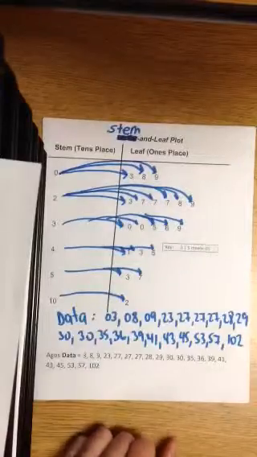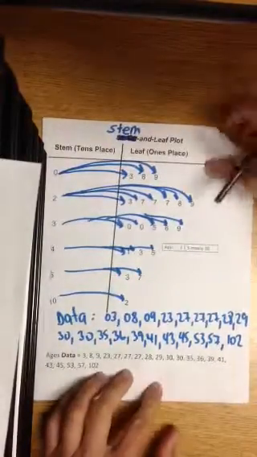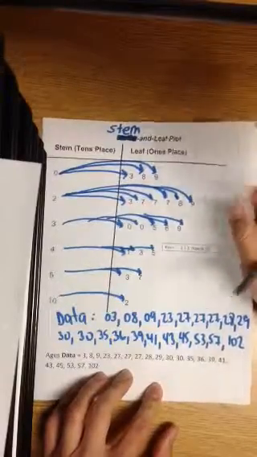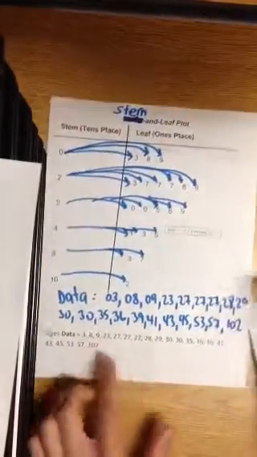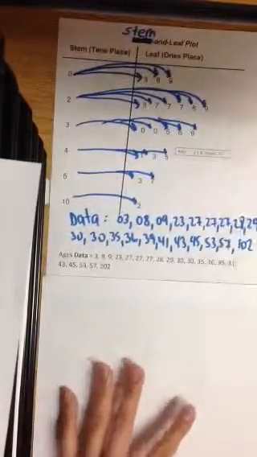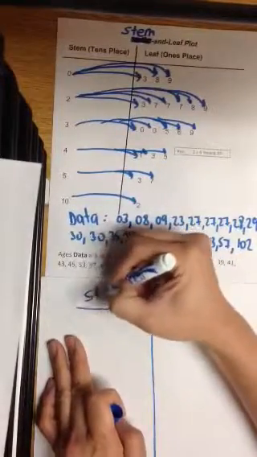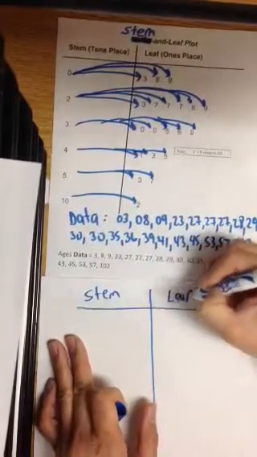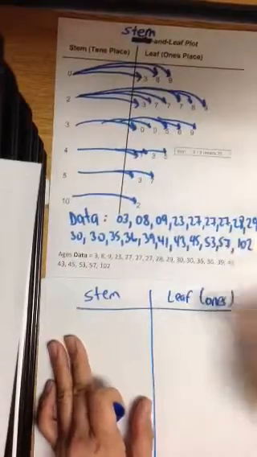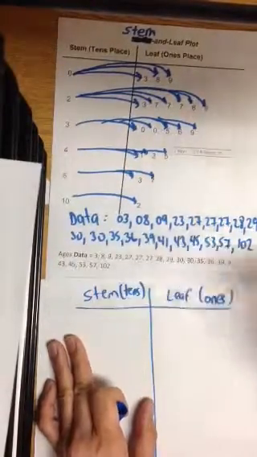So what happens if they give you the different ages? Can you go back and create a stem and leaf plot from it? So for example, here are the ages. The first thing you do is you create a T-chart, a table. Stem, leaf. And if you would like to define it, a leaf is ones place, a stem is tens place.